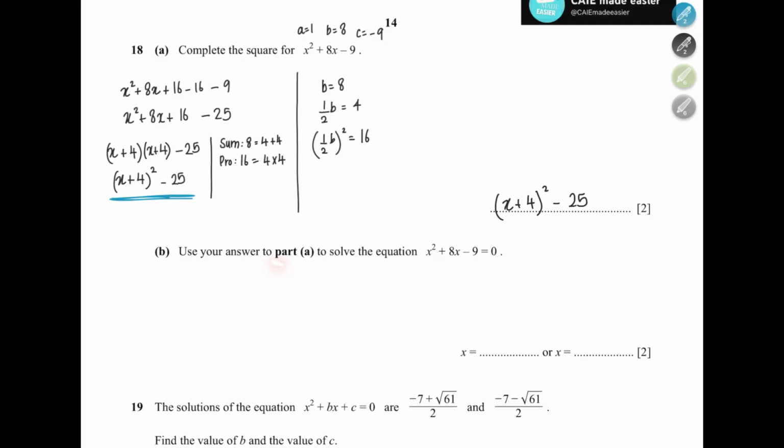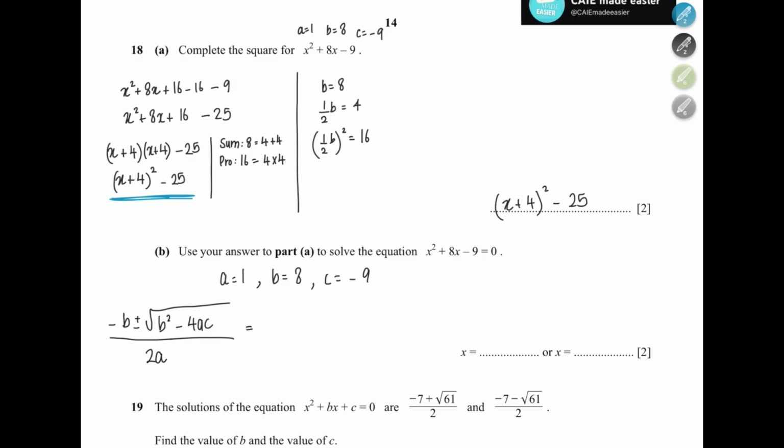Use the answer to part A to solve this equation. Therefore, in this equation, a equals 1, b equals 8, and c equals -9. We can use the quadratic formula now, which is minus b plus minus square root of b squared minus 4ac divided by 2a.